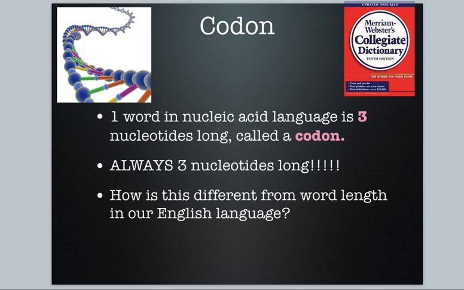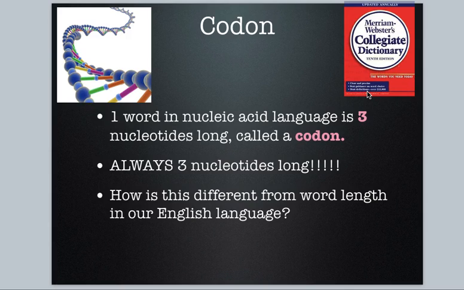Okay, now a codon is the name for one word in nucleic acid language. Now, you might think, well, that's just dumb. Why didn't they just call it a word? Well, there's a problem with the word. In our English language, a word varies in length, in every single language.